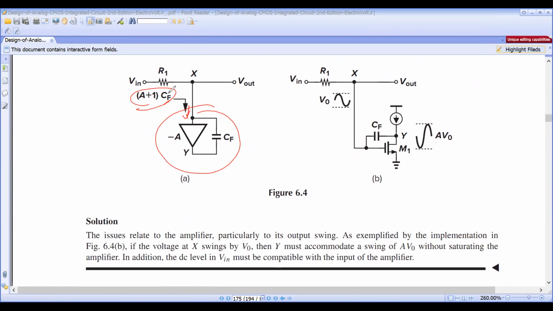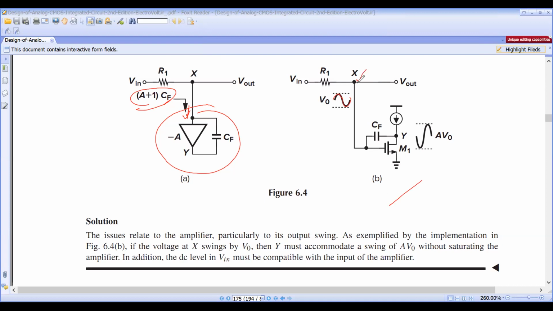Now the issue related to the amplifier, particularly to its output swing, as exemplified by the implementation in picture B. If the voltage at X swings by V0, this is the voltage swing V0 at the X node.